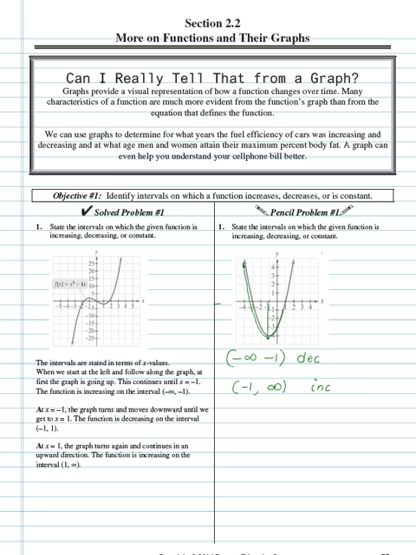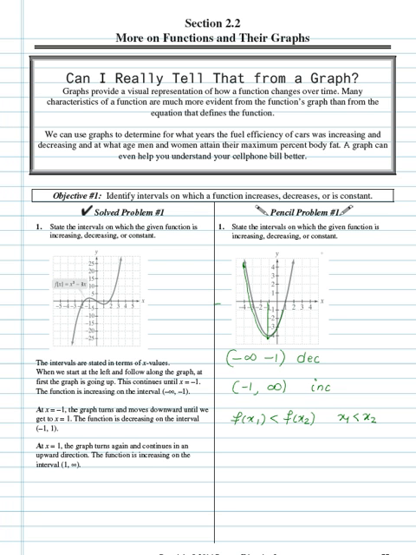And again, the complete definition of increasing or decreasing functions. A function is said to be increasing in an open interval if f of x1 is less than f of x2, where x1 is less than x2.